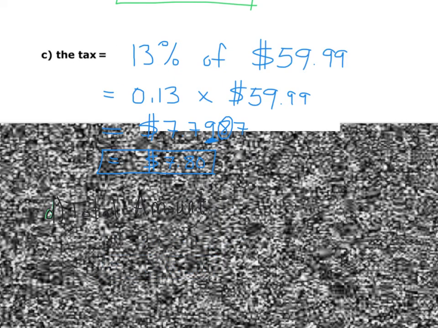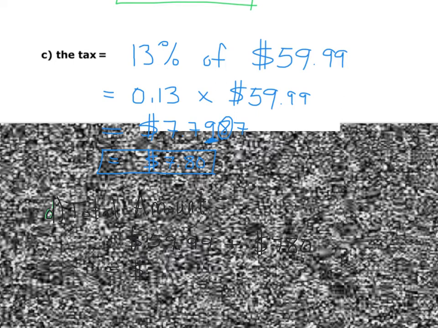Then it asks, how much is the total amount? Remember, I wrote it in words before, but total amount is always going to be the sale price, which is $59.99, and you will have to add the amount of tax that you have to pay on top of the sale price, which is $7.80.